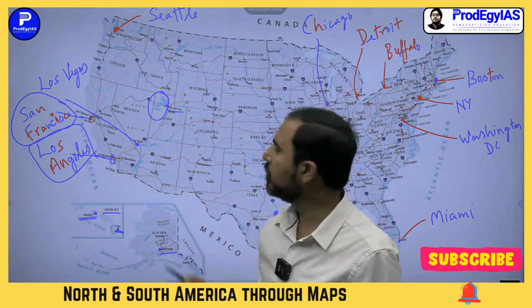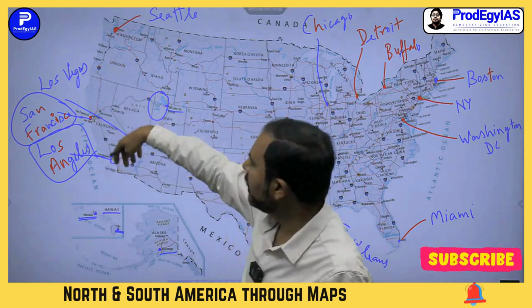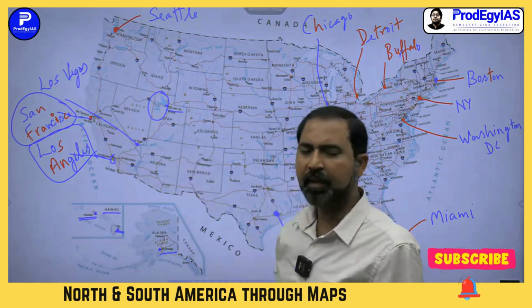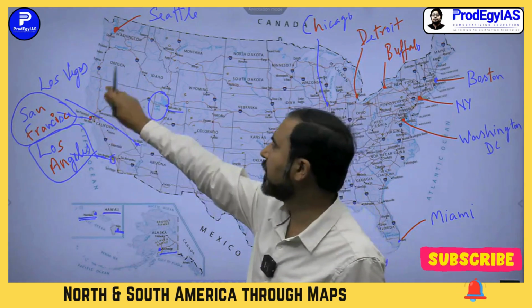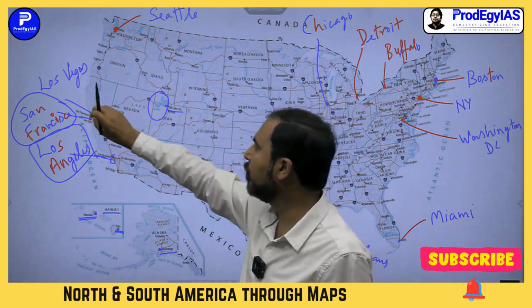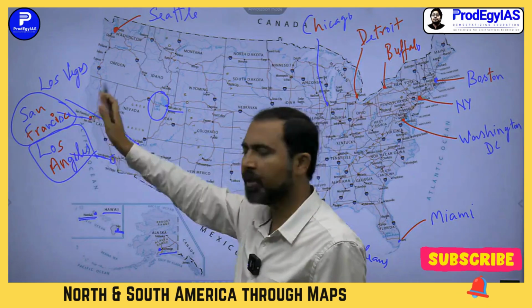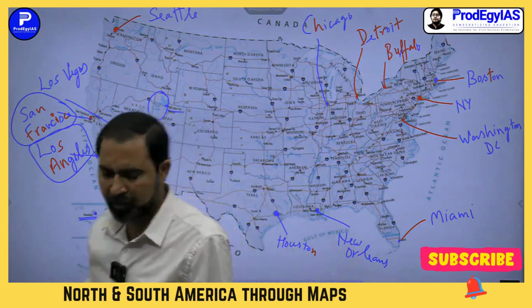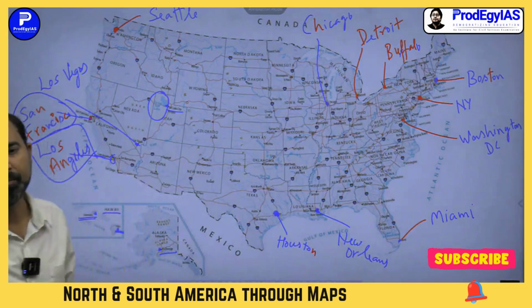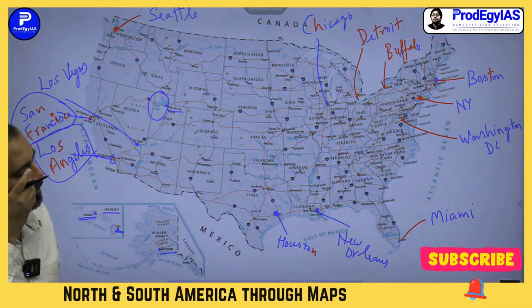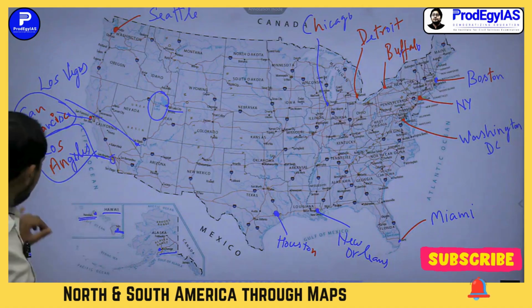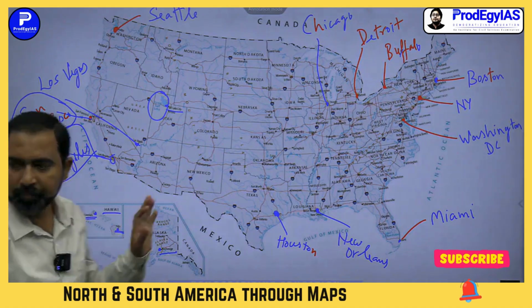Okay, this whole western seaboard is known as Silicon Valley. This is the California state, and two more important cities are there. One is LA, Los Angeles, and another is San Francisco. Okay, but most of the headquarters are in the LA region, right? So I think you have noted them down.